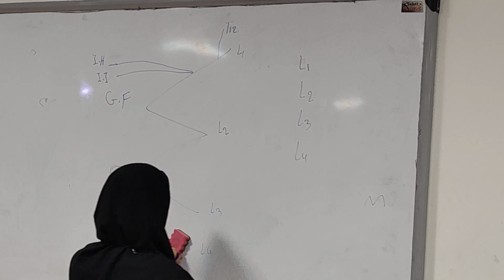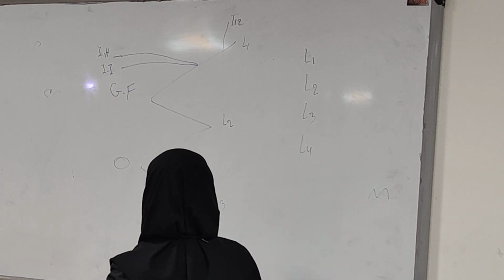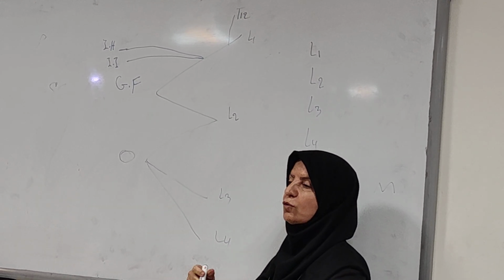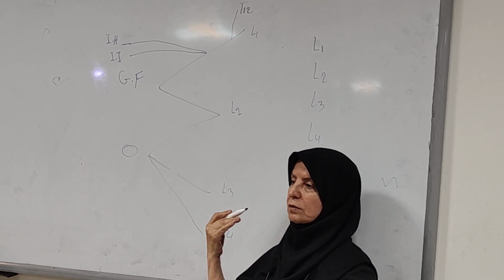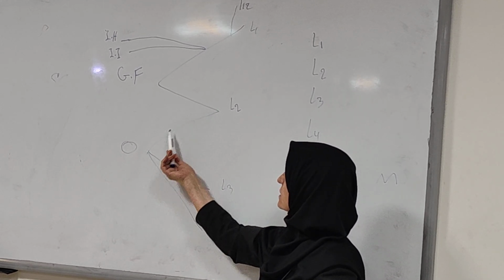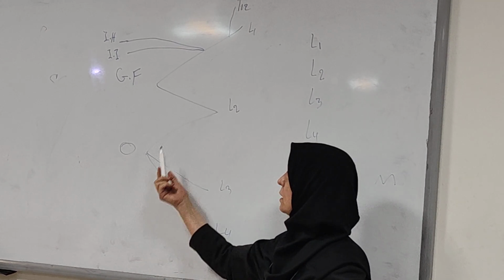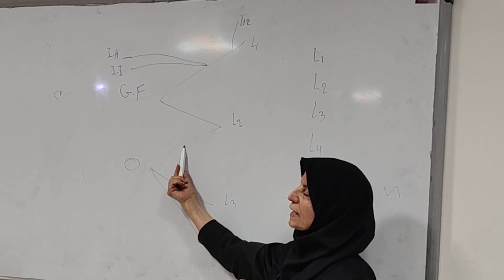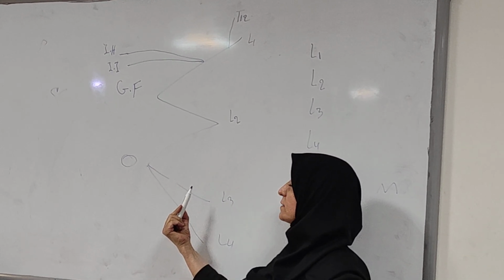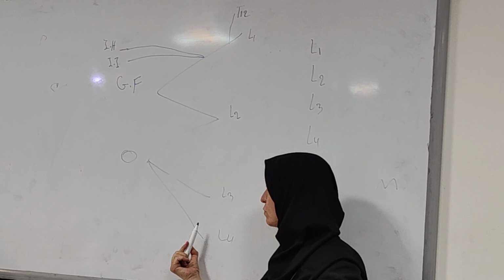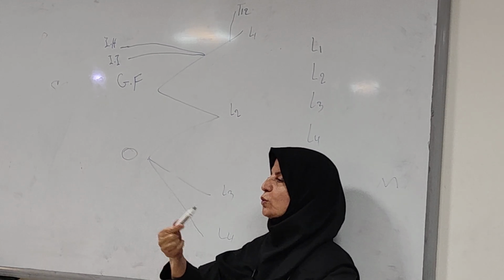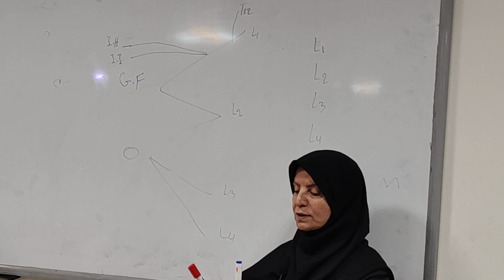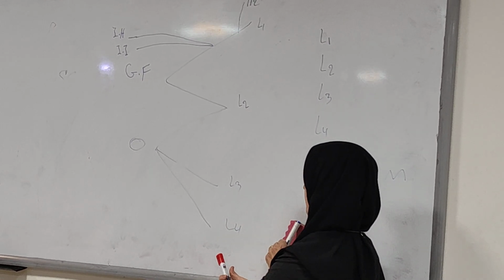Imagine here is the anterior. This blue color is going to remind you of anterior. The anterior branch of L2, anterior branch of L3, anterior branch of L4 join to each other and make the obturator nerve. The posterior branch I use from the red color.